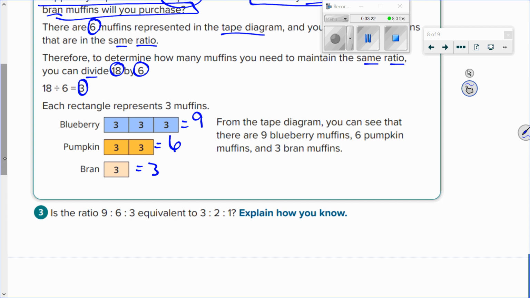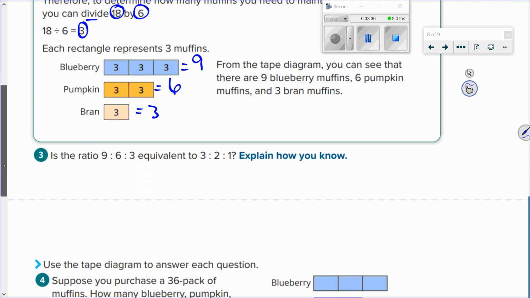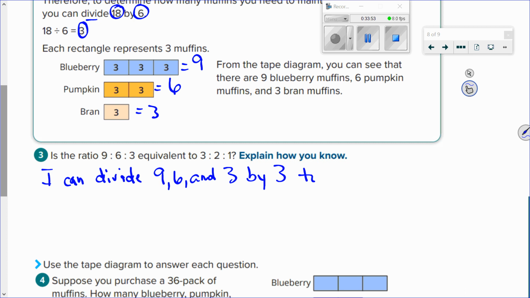Yes. How do I know? Awesome. I love that. I can divide 9, 6, and 3 by 3 to get 3, 2, and 1, meaning they are equivalent, because that is the definition of equivalent.